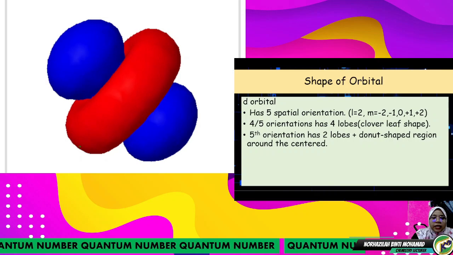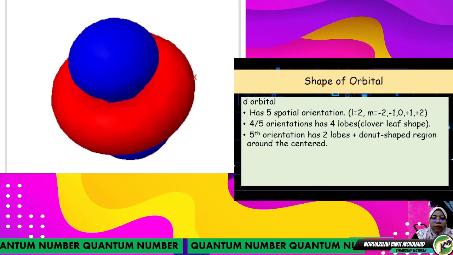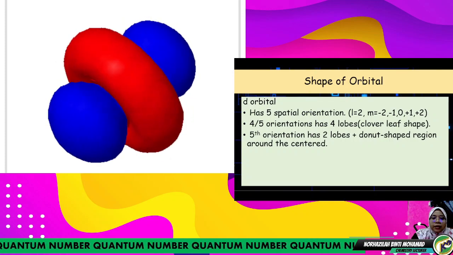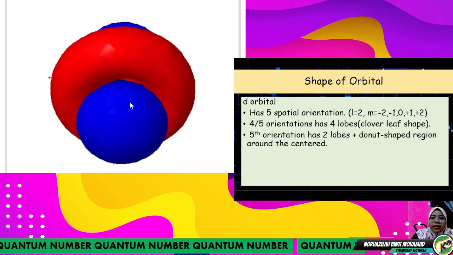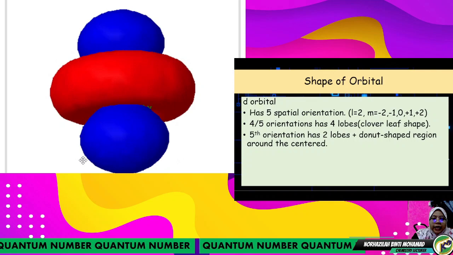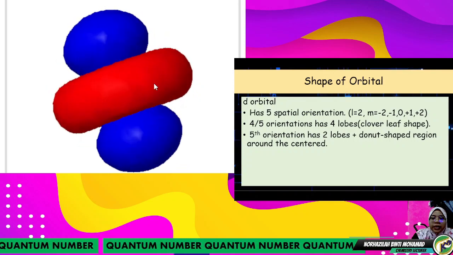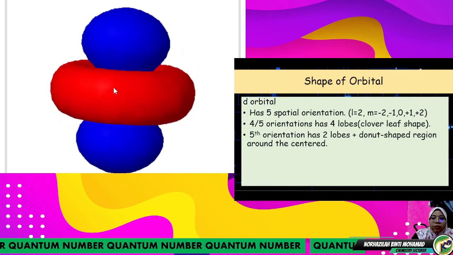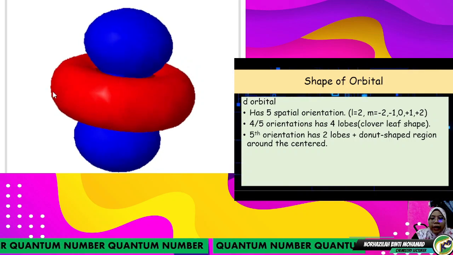So the fifth orientation only has two loops, with a donut shaped region circling around the center. These two loops are on the axis z. So the name of this orbital is dz squared.